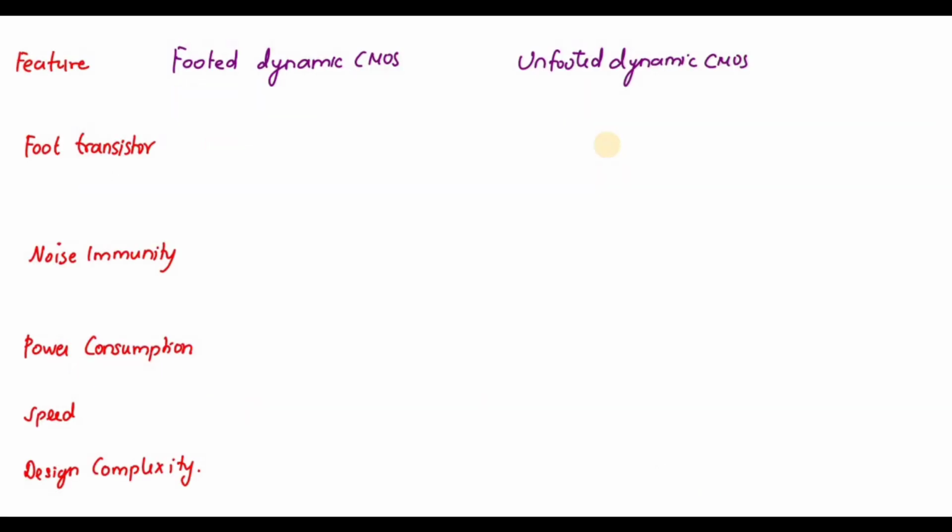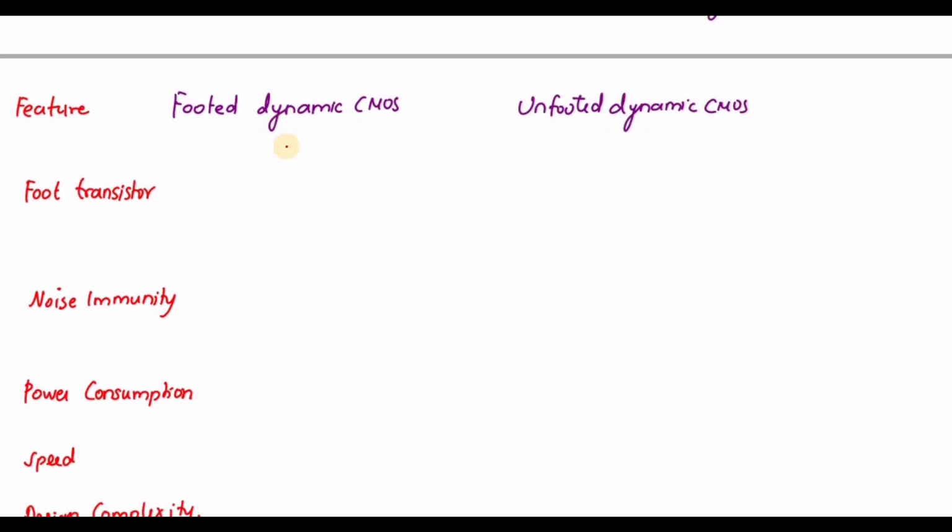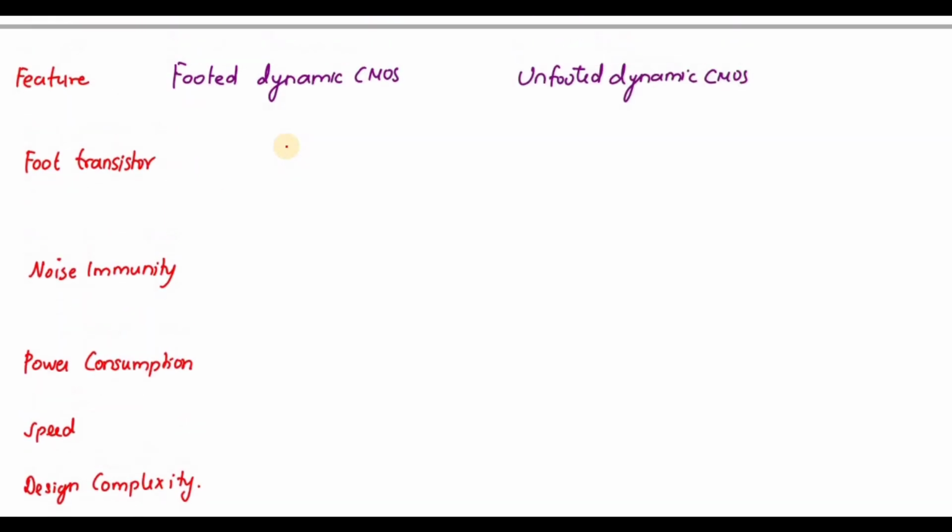Let us discuss the difference between footed dynamic CMOS and unfooted dynamic CMOS. The first difference is the foot transistor. Here the foot transistor is present, because it is nothing but footed dynamic, and here it is absent.